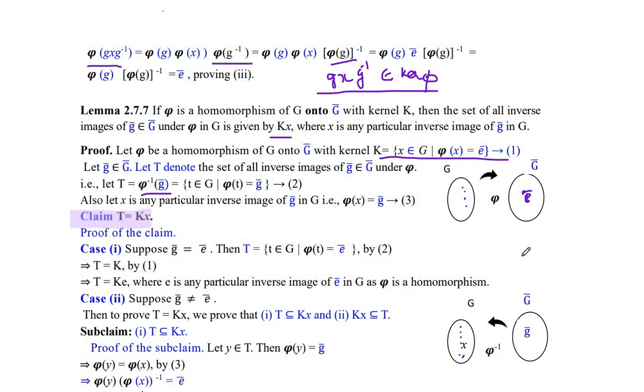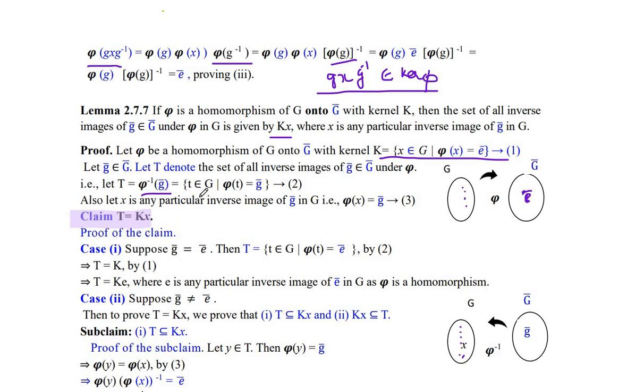See, as such, we cannot describe phi inverse to be a mapping from G bar to G, for the simple reason that phi inverse will exist only if phi is bijective. So here it is the notation. This doesn't say that phi inverse exists. Phi inverse of a particular element, the notation is given by this.